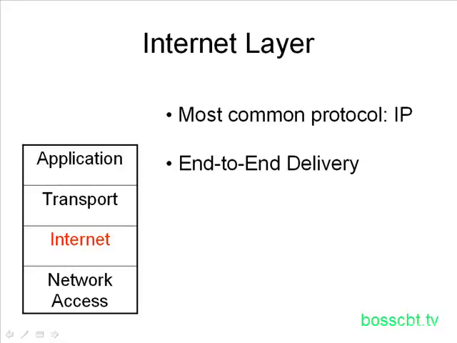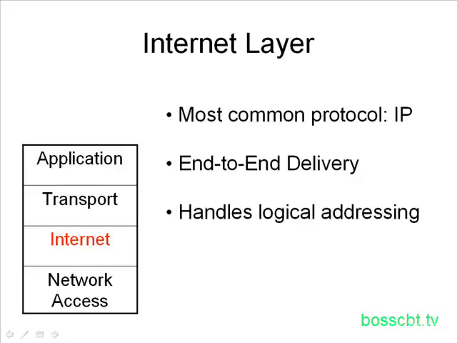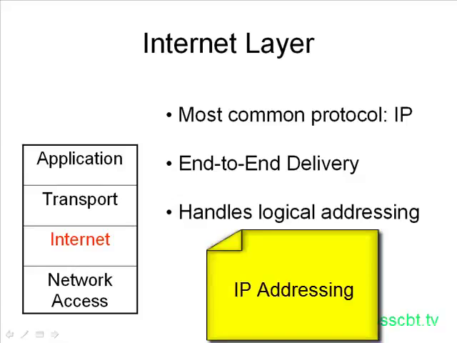And it does this by using addresses. So it's at the internet layer and IP where we get logical addressing. Now this comes in the form of IP addressing. And you might have heard of that, and we have a lot of tutorials dedicated to explaining how IP addressing works. So it's at the internet layer and IP where IP addressing comes into play.